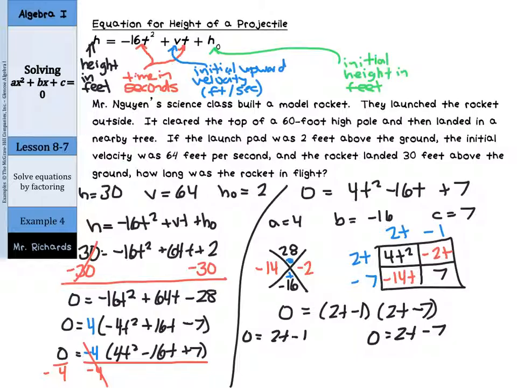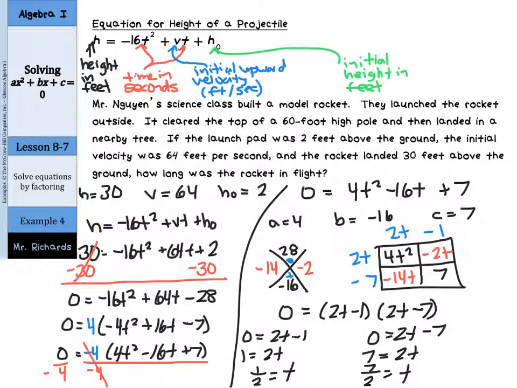And if I add 1 to both sides on this equation on the left, 1 equals 2t. Divide by 2, you get 1/2 equals t. In the other equation, add 7 to both sides. You get 7 equals 2t. And divide by 2, you get 7/2 equals t.